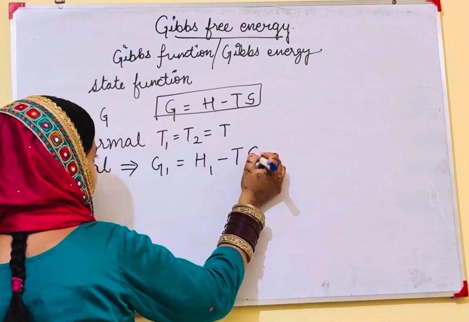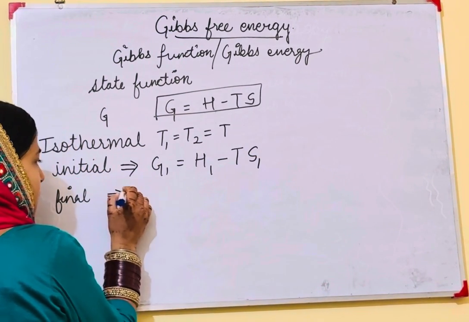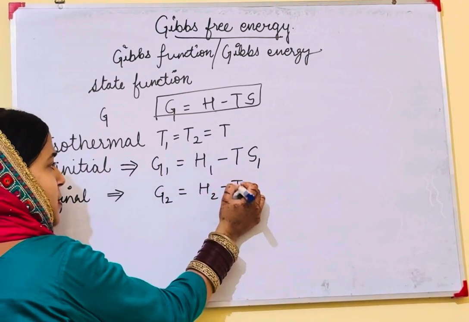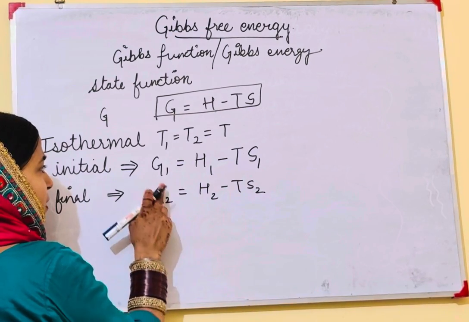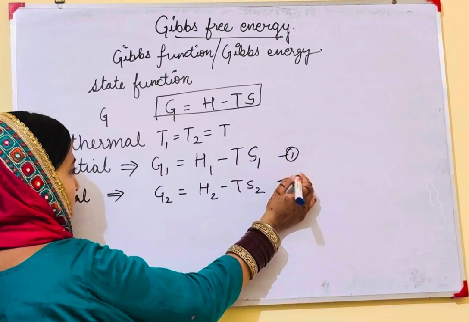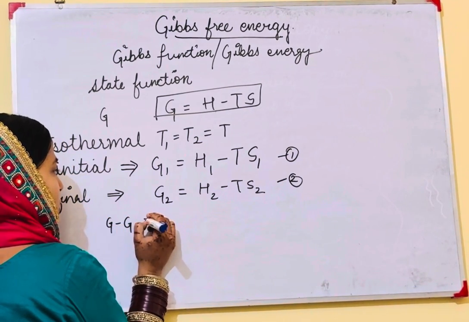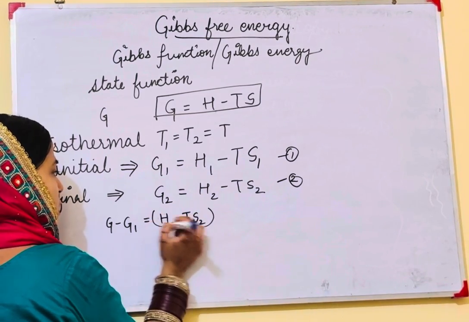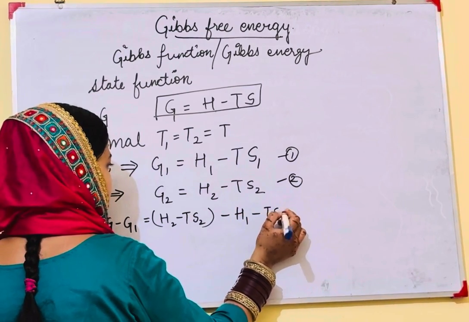Final conditions will be G2 equals H2 minus TS2. Now, subtracting the first equation from the second, we can write G2 minus G1 equals H2 minus TS2 minus H1 minus TS1.